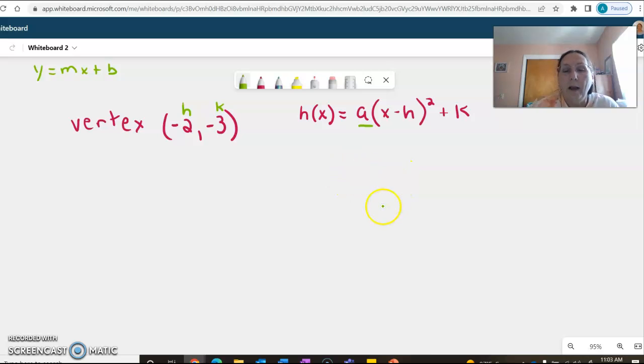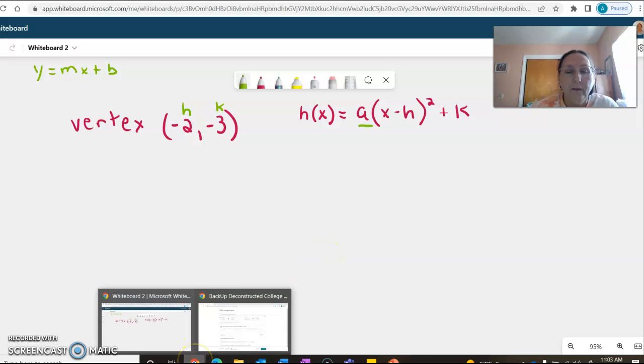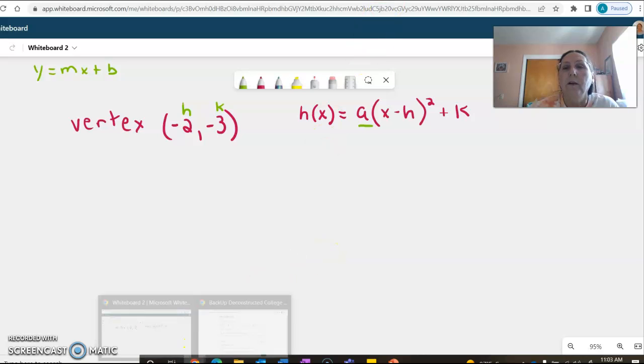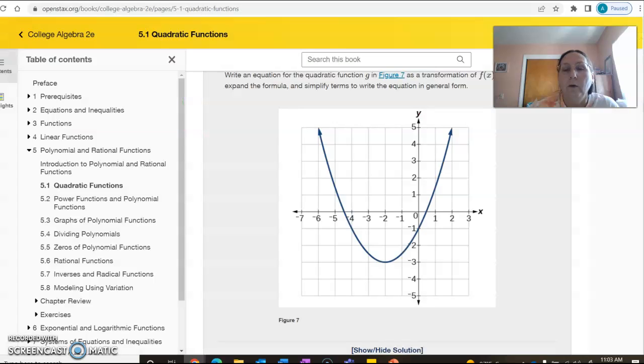Now I'm going to go back to that picture of the graph. See if I can find it here. There we go. Now we need to come up with a point that's on the graph. So here is the vertex, and then I'm going to go along and see if I can find a point.